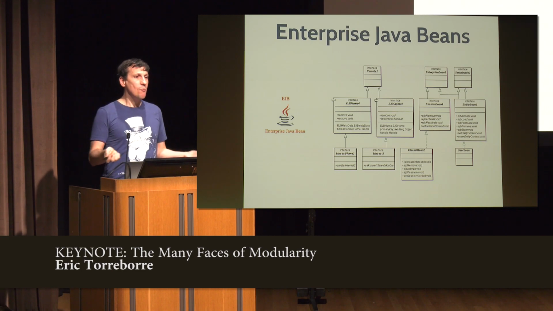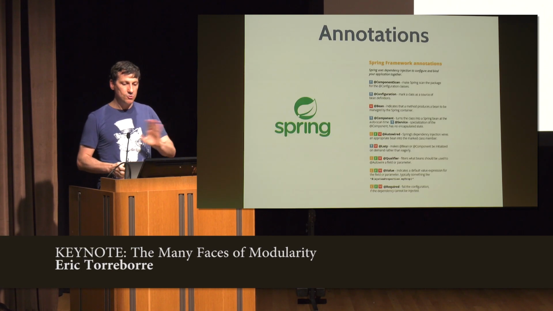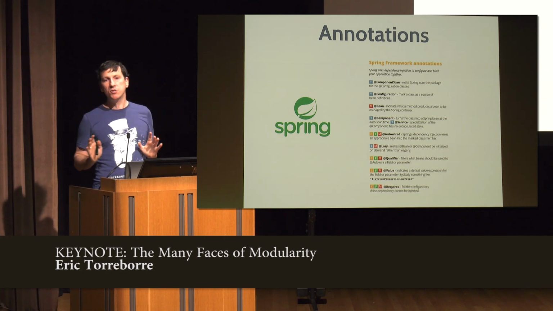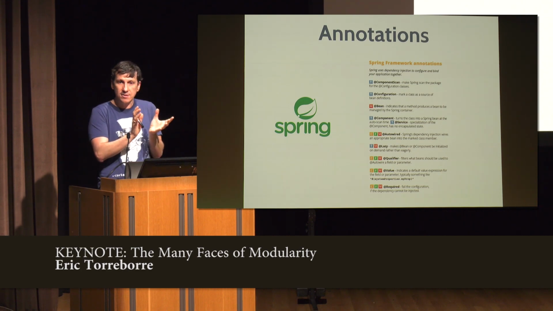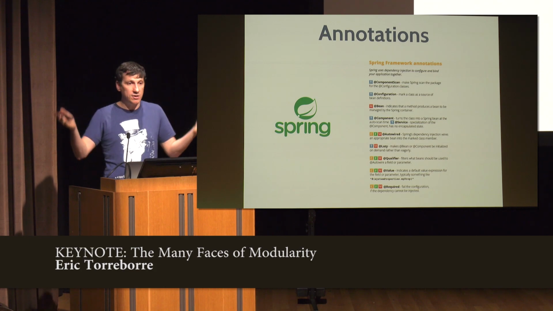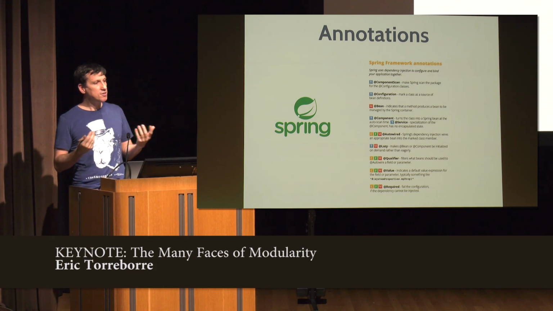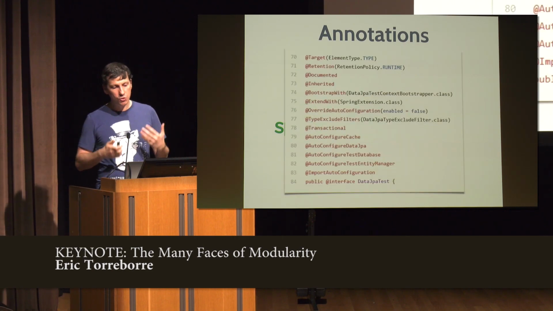Okay, so then what was the response of the community? Well, maybe let's go back to normal Java objects, right? Plain old Java objects with just a few annotations to know how to wire them. And again, recognizing a real problem: how do you wire large applications? This is a real problem. We need a language for this. Well, maybe annotations are the way to do it. Well, again, if annotations are so good, we should use more of them.